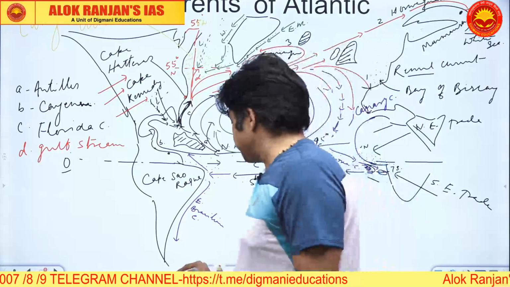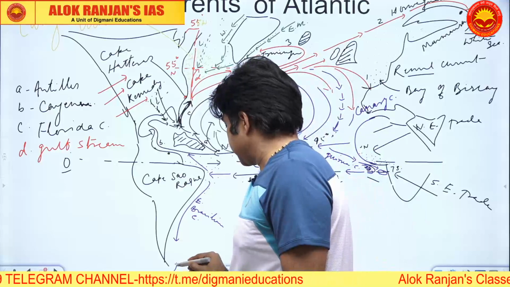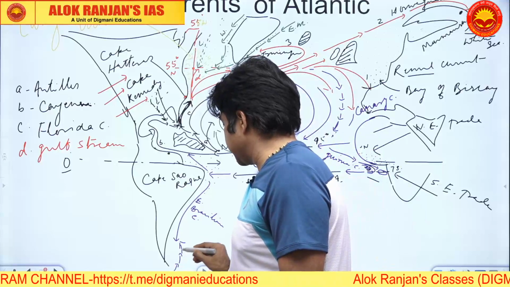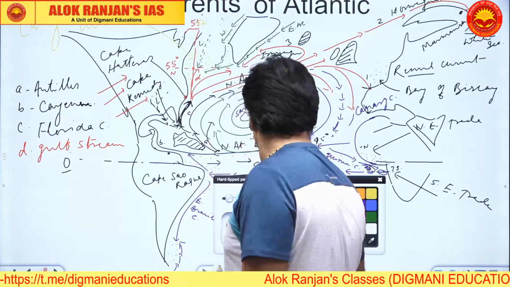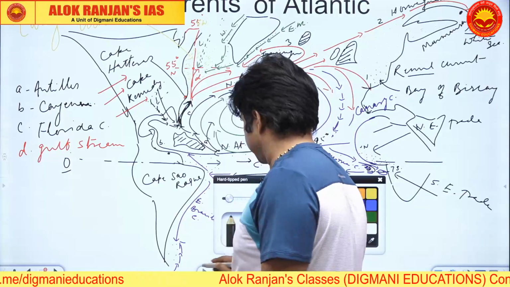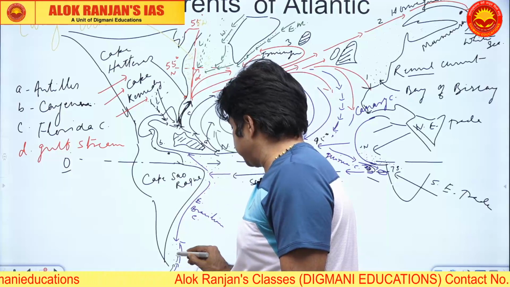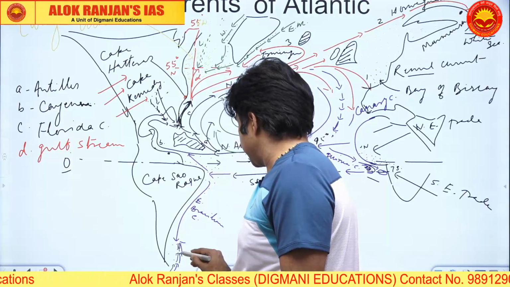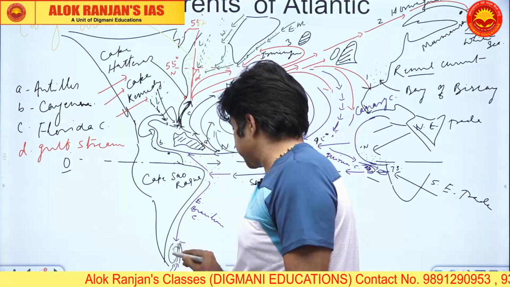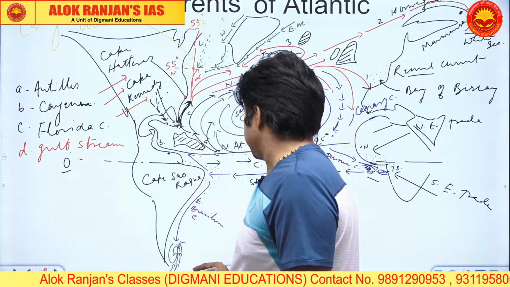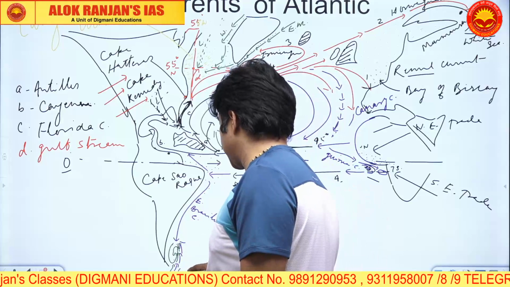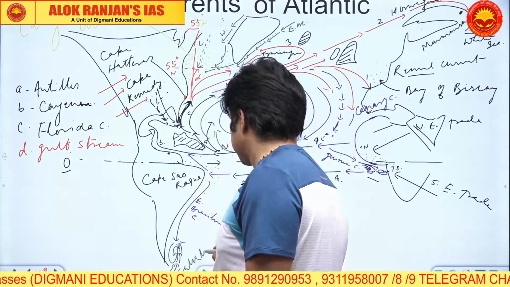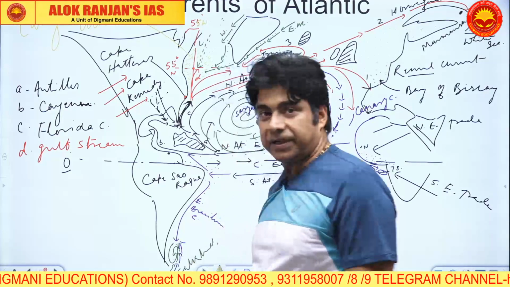Now here it meets the Falkland current. I should change the color. Again, green. It meets the Falkland current. And this zone where the Brazilian current and Falkland current are meeting, this is your Falkland. Falkland is a group of islands in this place, है ना?